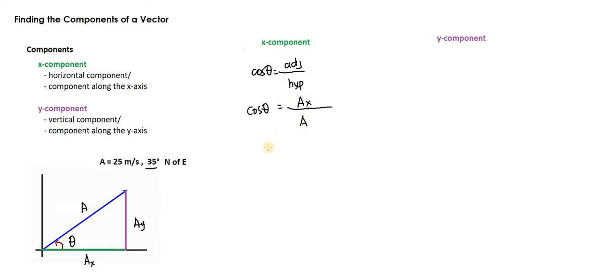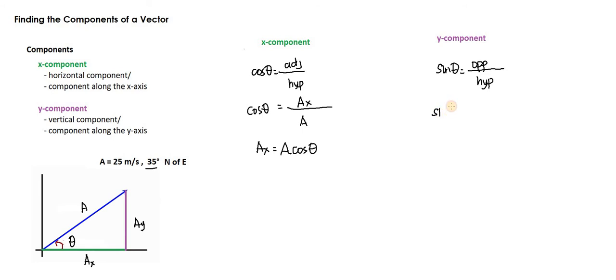So for us to get the formula, A sub x will be equal to A, that's your A multiplied by cosine theta. Okay, for our y component, that is the opposite side of the angle, so we'll be using the sine of theta. Sine of theta is equal to the opposite side over the hypotenuse.